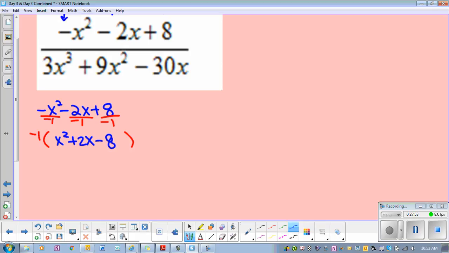And you guys have been doing such a great job with the AM factoring. I'm just going to go quickly here. Two numbers that multiply to -8 and adds to a +2. What are they? 4 and -2.